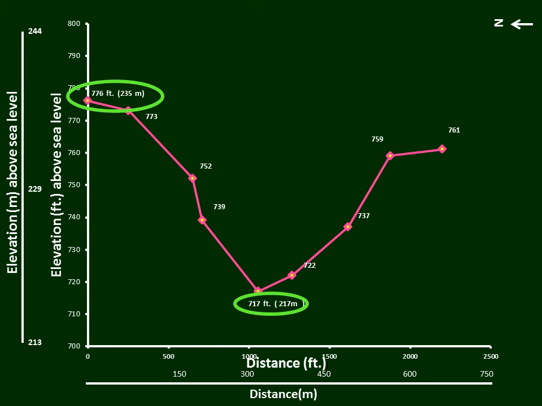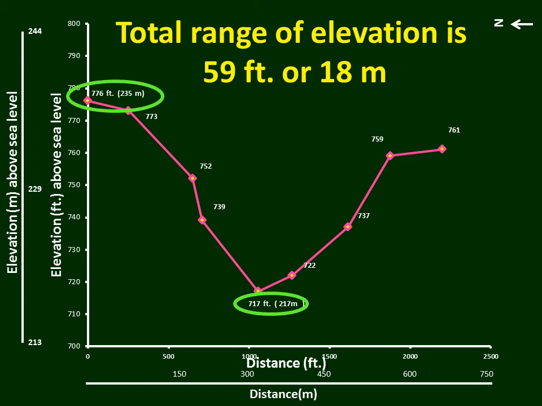The lowest point is at 717 feet, or 207 meters. That's a total range of elevation of 59 feet, or 18 meters. That's all. 59 feet or 18 meters total difference in elevation in these 9 points.